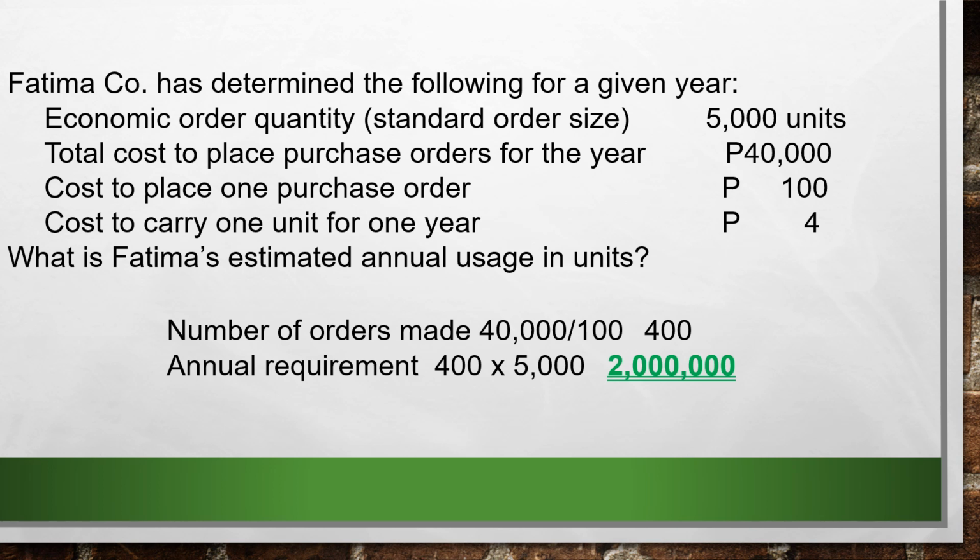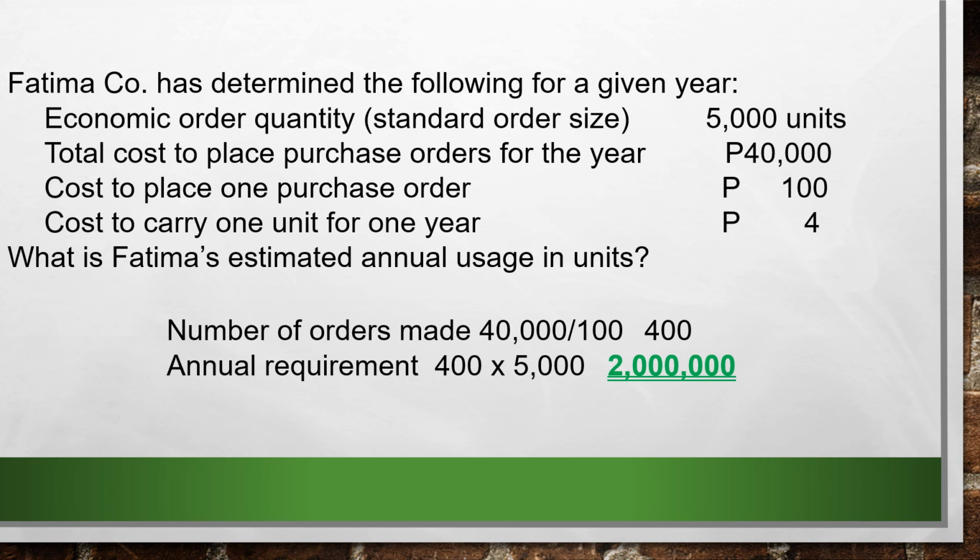Here, we just need to manipulate the EOQ formula so that we can get the D, or the demand. The number of orders made is 40,000 divided by 100, so we have 400 orders, because the total order cost is 40,000 and we divide by the cost per order of 100.